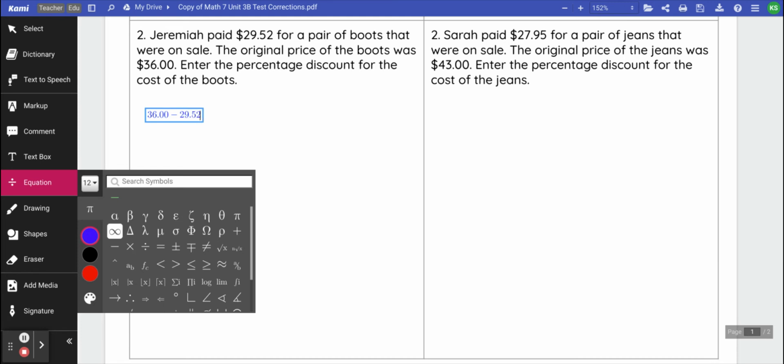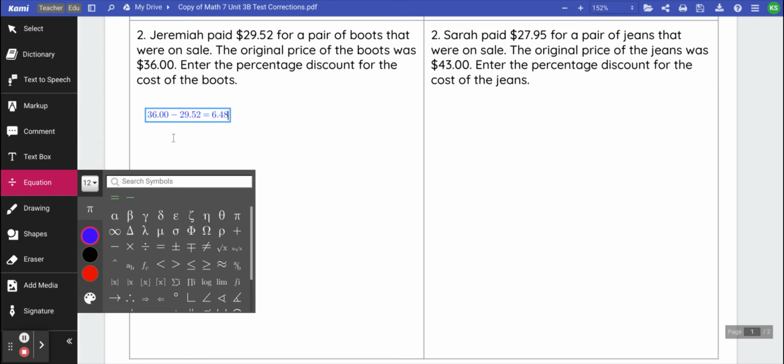I want to see how much the discount was on the pair of boots. If I take 36 and subtract 29.52, I find out that the discount was $6.48.